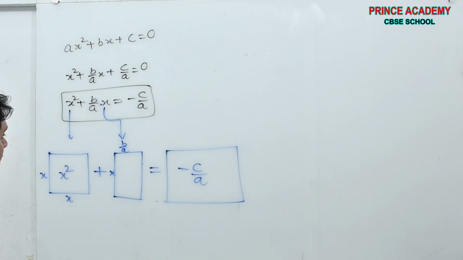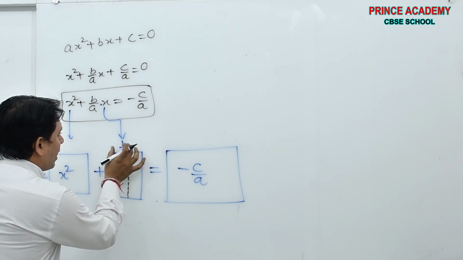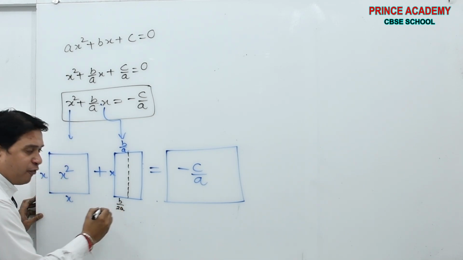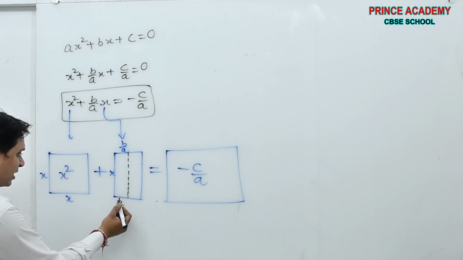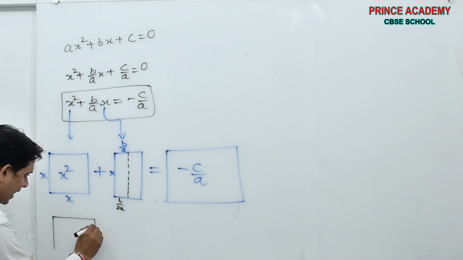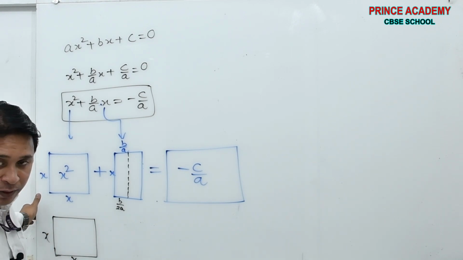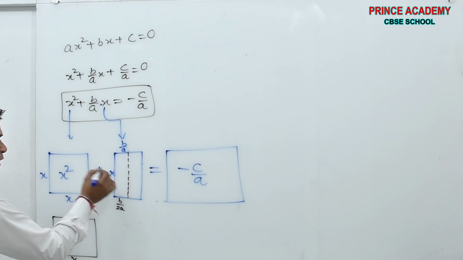What did we do there? We bisected this. See beta, what it was? b by a. And it became b by 2a, half of b by a. And then in the next step, see beta, this was the square of side x, and b by a into x.